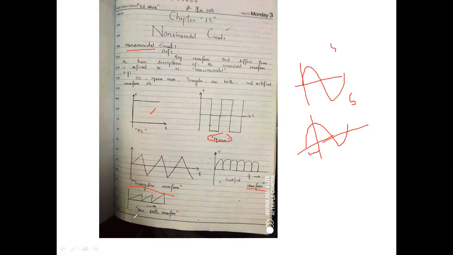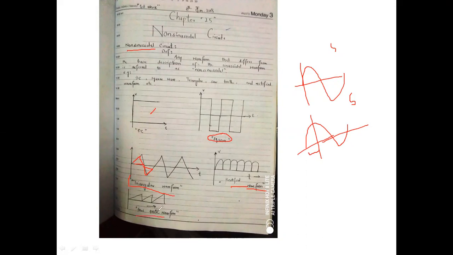Okay, so a few of the standard waveforms are the pure DC, the square waveform, the triangular waveform. It looks like a triangle, on both the positive side and the negative side. The full wave rectified output, the output of the full wave rectifier circuit, is just like this. So it is also non-sinusoidal.